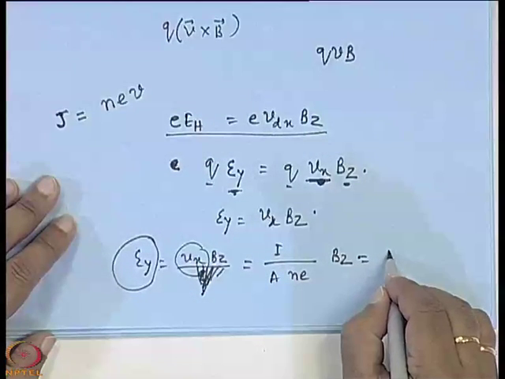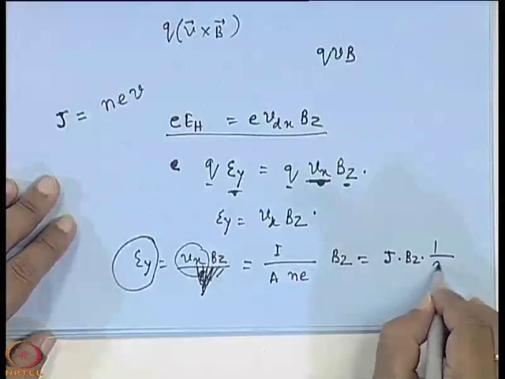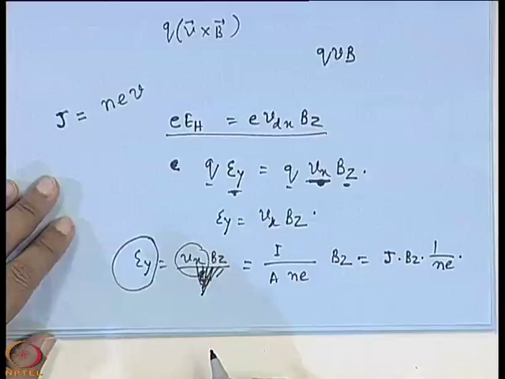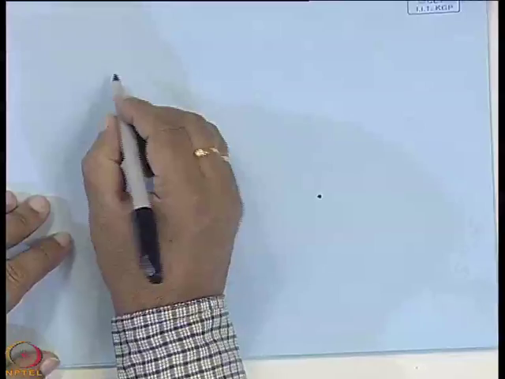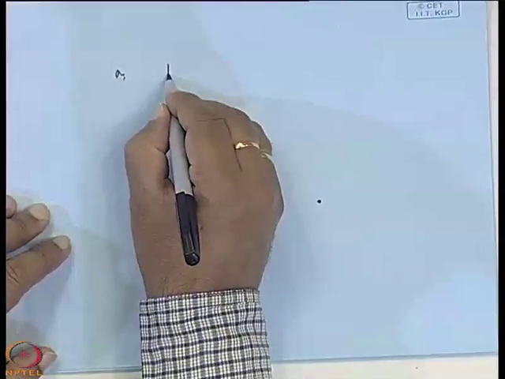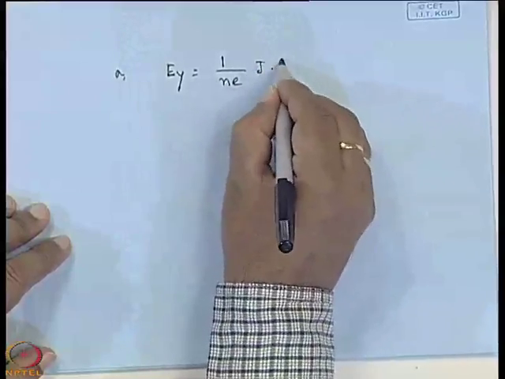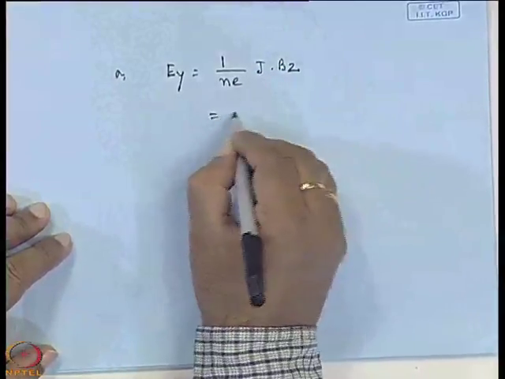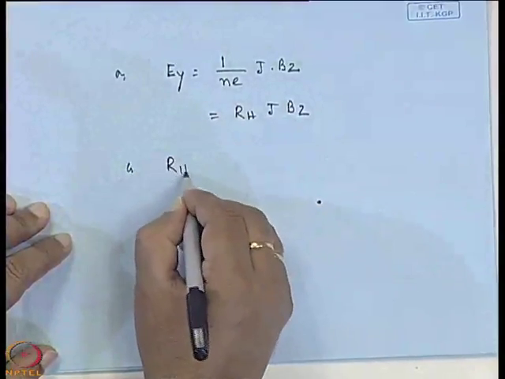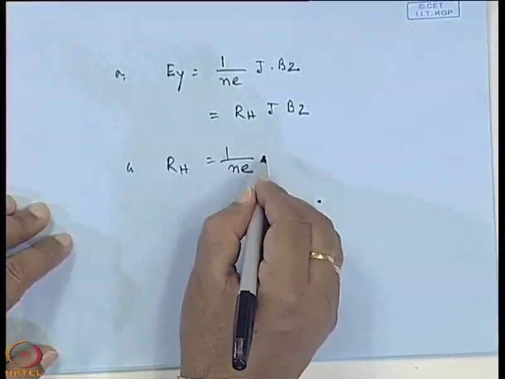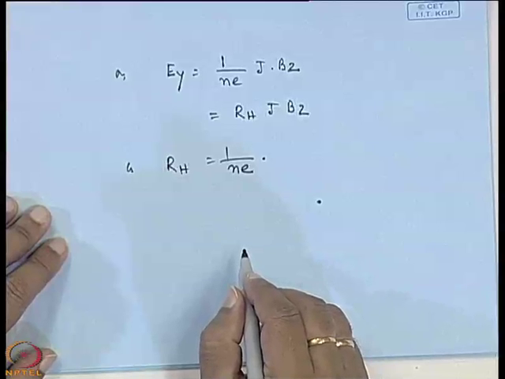That means J into B_z into 1 by n e. So E_y equals 1 by n e J into B_z, that means equals R_H J into B_z, where R_H equals 1 by n e.